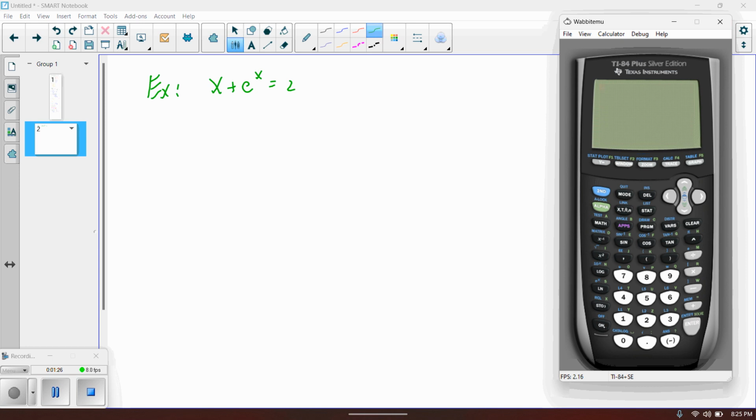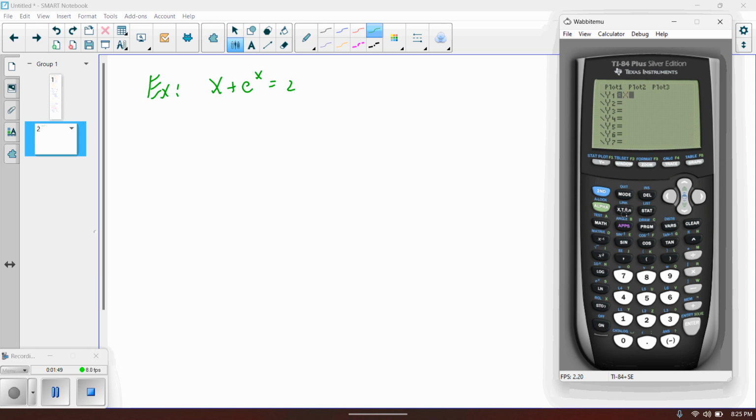So you're going to want to plug in these things into your y equals screen, into your function screen. So you're going to hit the y equals button, which is in the upper left, and then you're going to type the x plus e to the x in. So the x button is the one that is directly next to the alpha button. It says x comma t comma theta comma n.